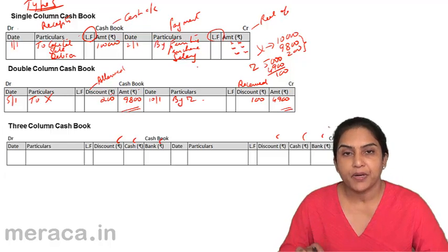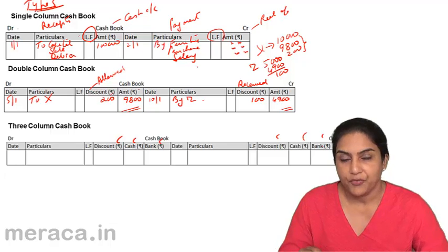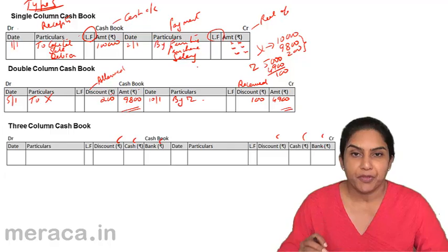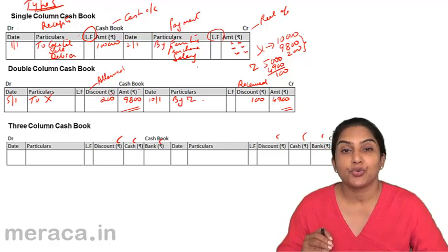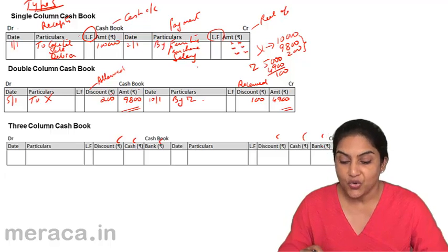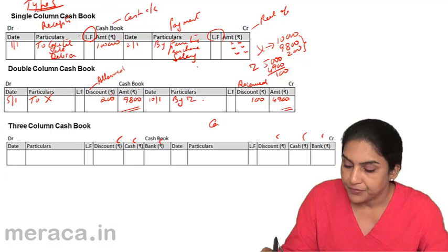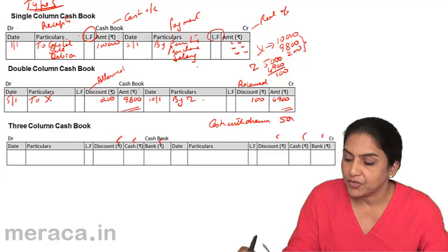In such a triple column cash book which has a cash and bank column, we get contra entries. Suppose money is withdrawn from the bank, the entry is cash account debit to bank. Let's say cash withdrawn 5,000.